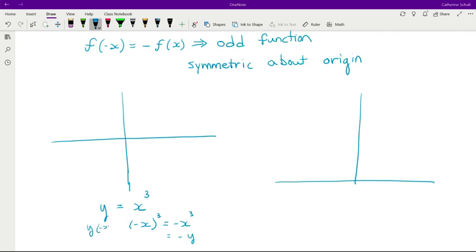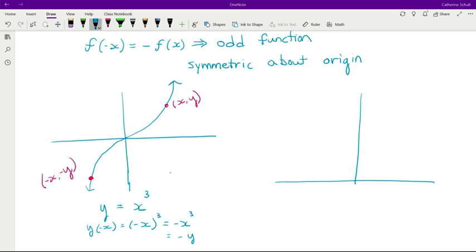So y of negative x, in this case, brought us negative y. All right, and this graph is symmetric about the origin. And again, what that means, if we were to have an xy on the graph, being symmetric about the origin, we would reflect it across the x-axis and we would reflect it across the y-axis. So that's what it means to be reflected or symmetric about the origin.